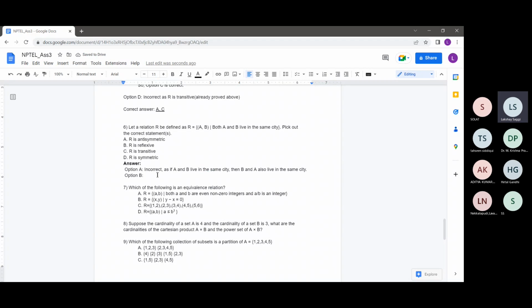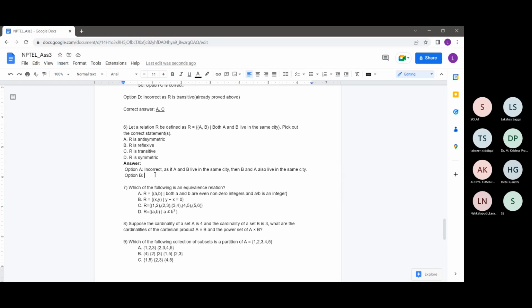And option B, R is reflexive. Reflexive means A comma A should be a part of the relation. So this means A comma A would be part of R if both A and A live in the same city. The single person A will be living in only one city, right? So both A and A live in the same city is a correct statement.